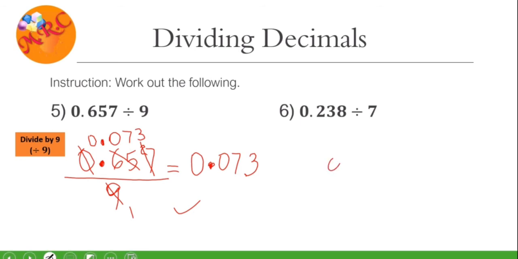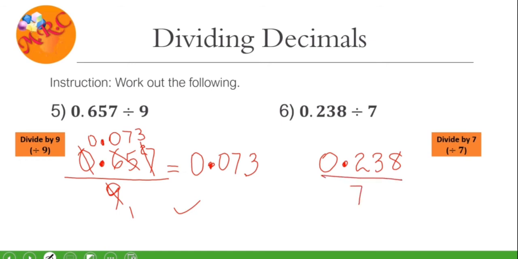So that is 0.238. And what are we going to divide by? 7. All right, good. Divide by 7.